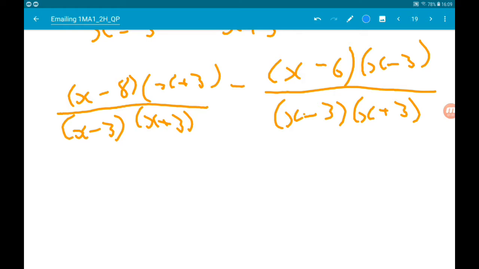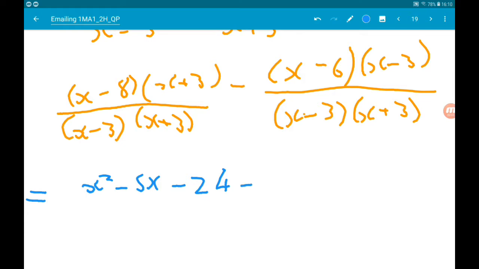So for the first one, we're doing x minus 8 times x add 3. So we are going to get x squared. We're going to get minus 8x add 3x, so that's minus 5x. Minus 8 times 3 is minus 24. Okay, now we got this subtraction in the middle.